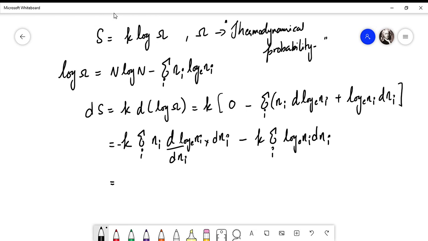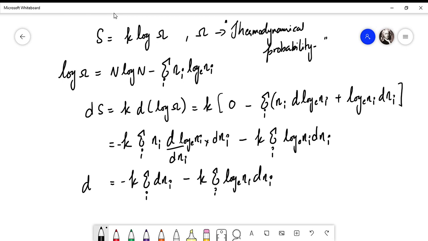Now d log e ni by dni is just 1 by ni, so this just becomes k summation of i dni, right? So ni and 1 by ni get cancelled, and that's the thing, and this becomes simply k summation over i of log e ni dni, right?